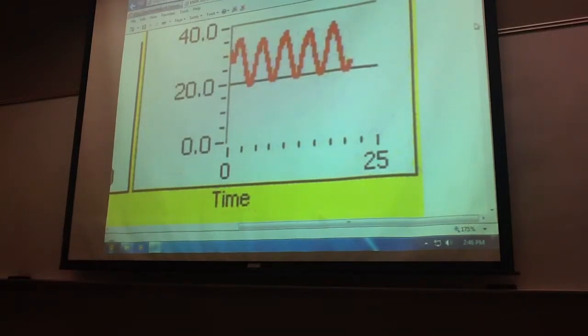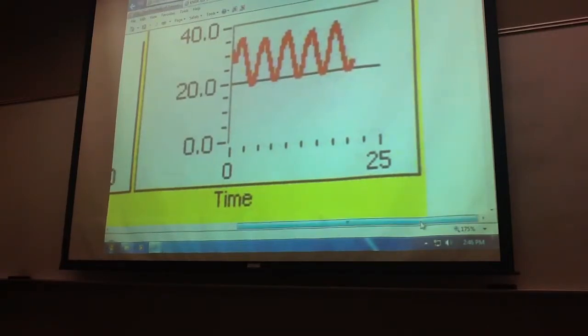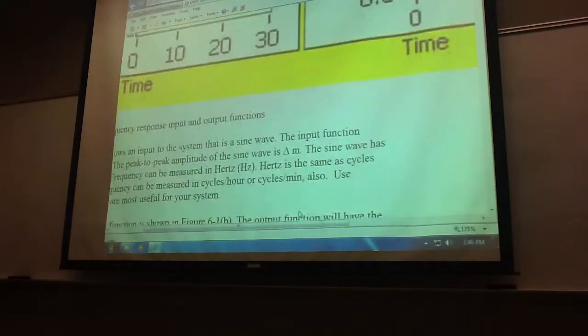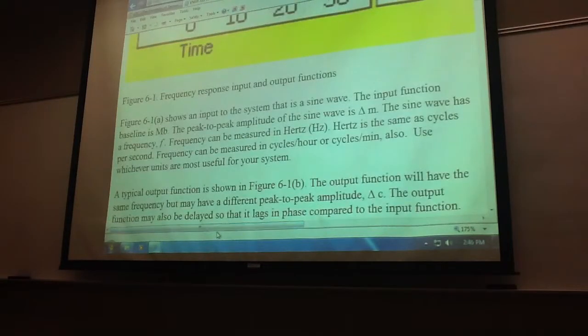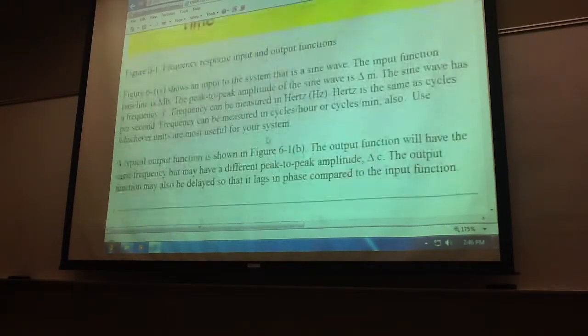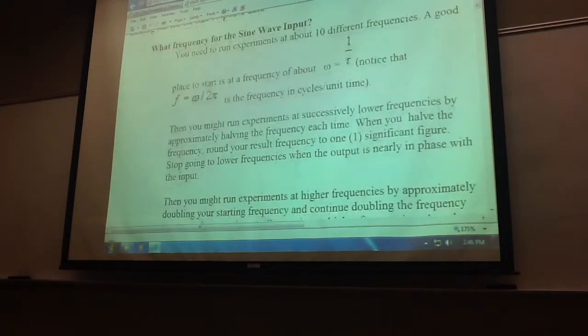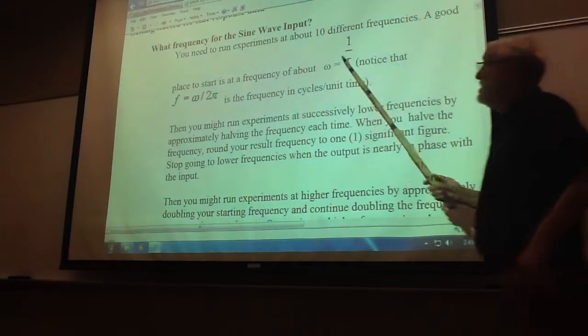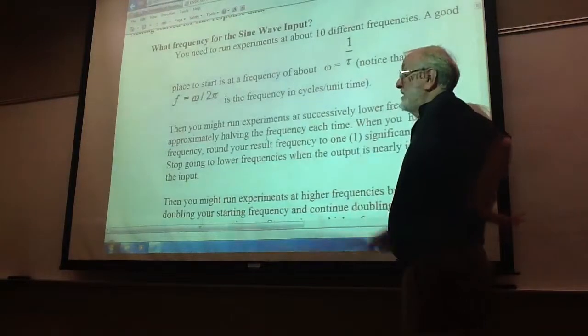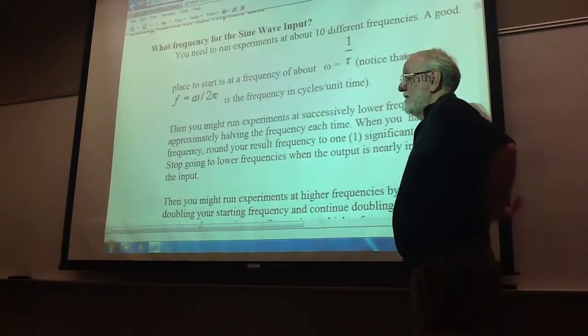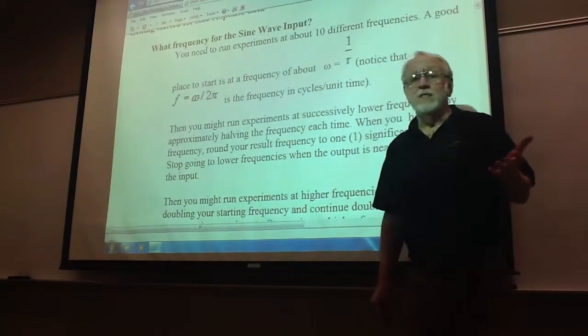So, let's go down a little bit. Figure 6, all that, typical output. What frequency do you use for the sine wave input? I want you to do it for maybe as many as 10 different frequencies. So how do you choose a frequency?